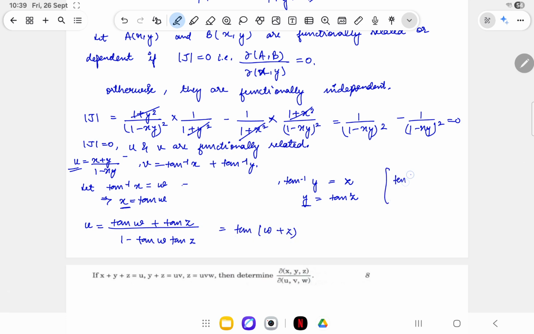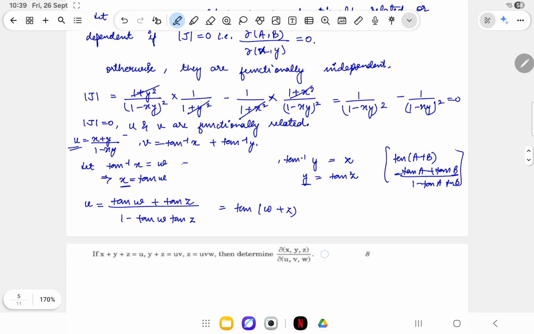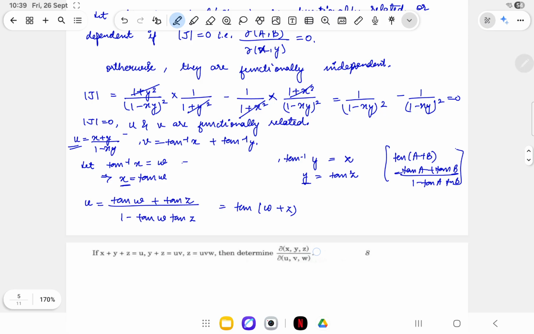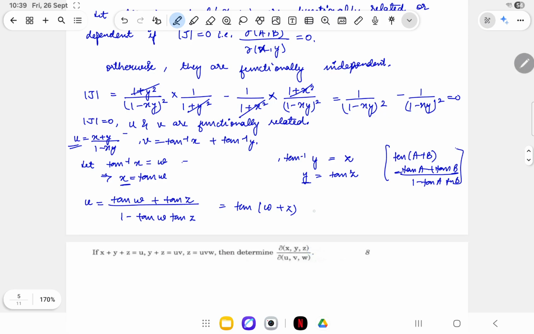because tan of (a + b) is equal to (tan a + tan b)/(1 − tan a tan b), and this is what we got. So this is the formula of tan of (w + z).